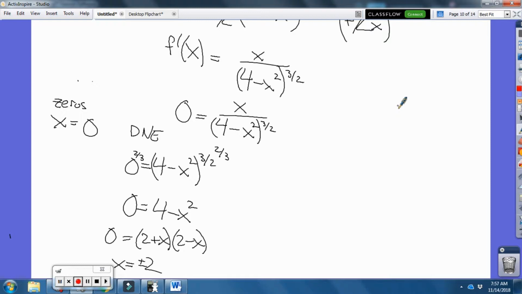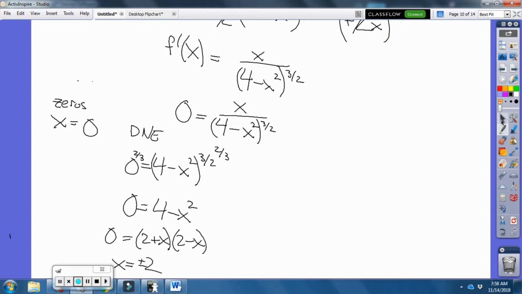Now, I know that 0 is a min, and that -2 and 2 are both undefined. They're probably points where the graph doesn't exist, but I have to show that analytically. Because sometimes we'll have a problem where you're not allowed to use your calculator and you're not allowed to look at the graph.